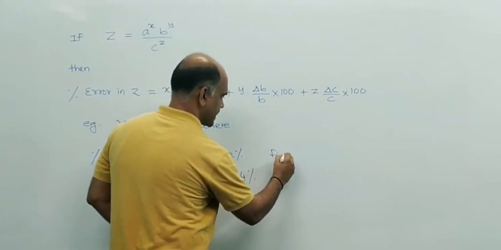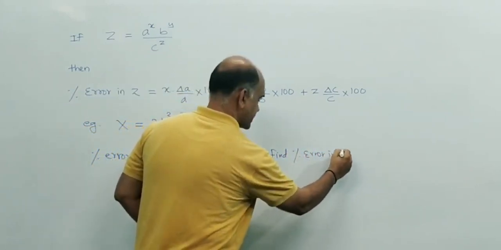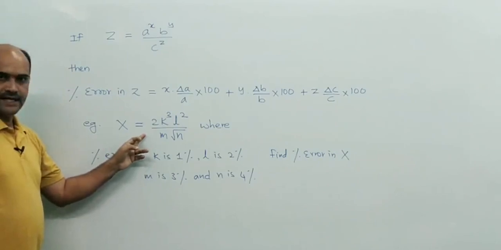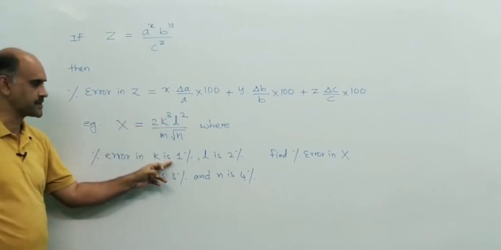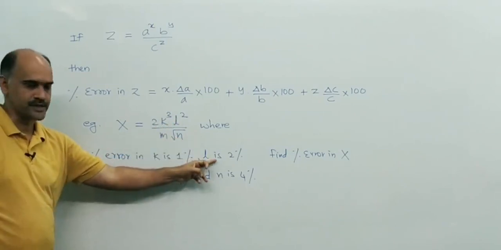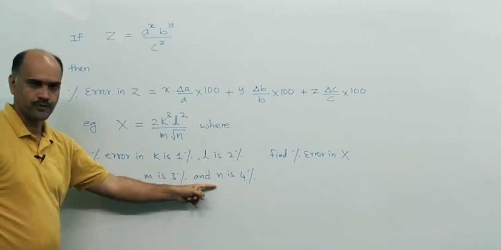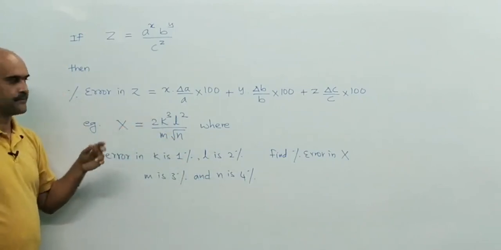Find the percentage error in X. So he has given an expression. Here the percentage error in K is 1%, in L 2%, in M 3%, and in N 4%. You are required to find the percentage error in X.